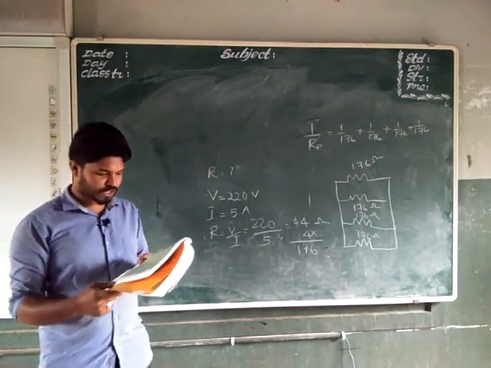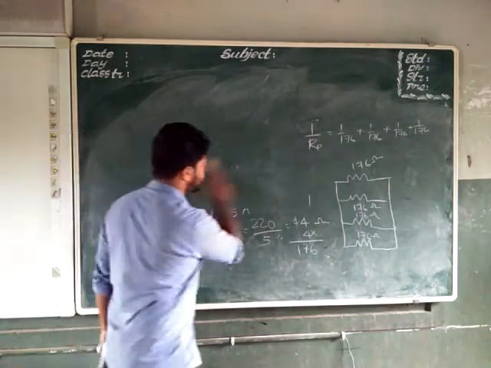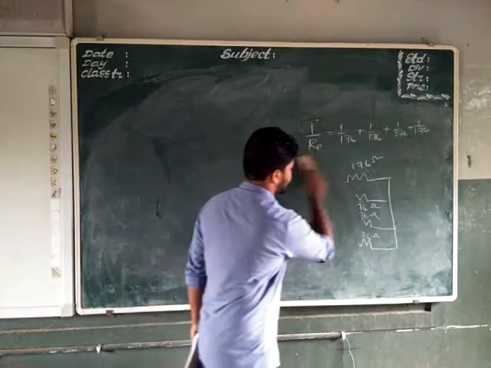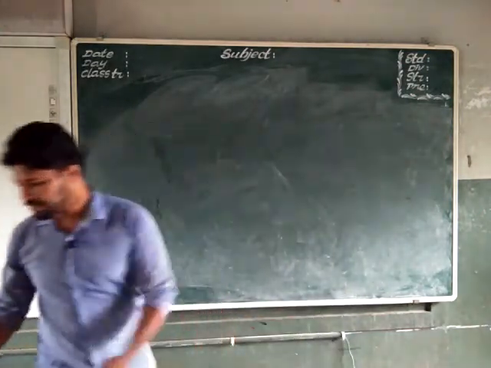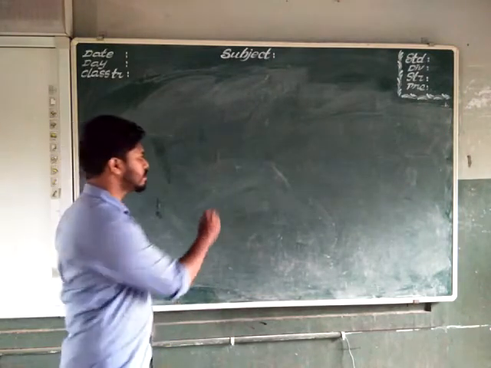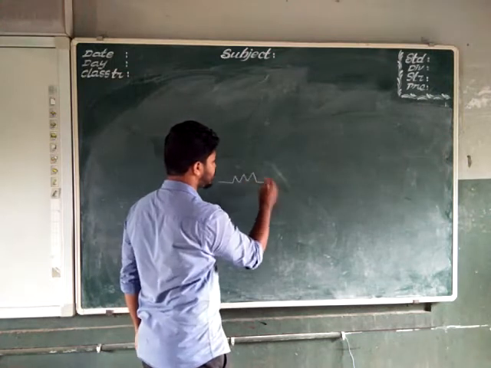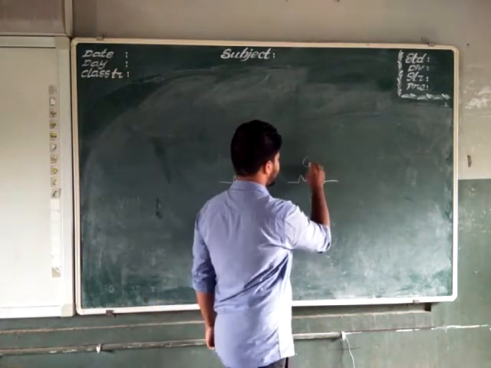Now moving to the 11th question. The 11th question is that 3 resistors of 6 ohm are given to you.